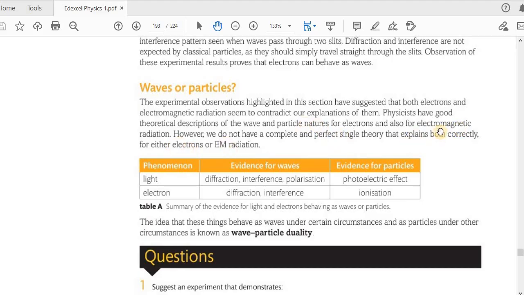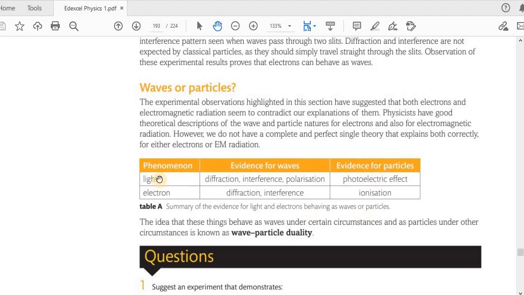However, we do not have a complete and perfect single theory that explains both correctly for either electrons or electromagnetic radiation. So this is the evidence we have, but we do not have a perfect single theory. Maybe in the future they will explain it correctly. For now we will have to learn based on what we have learned here.